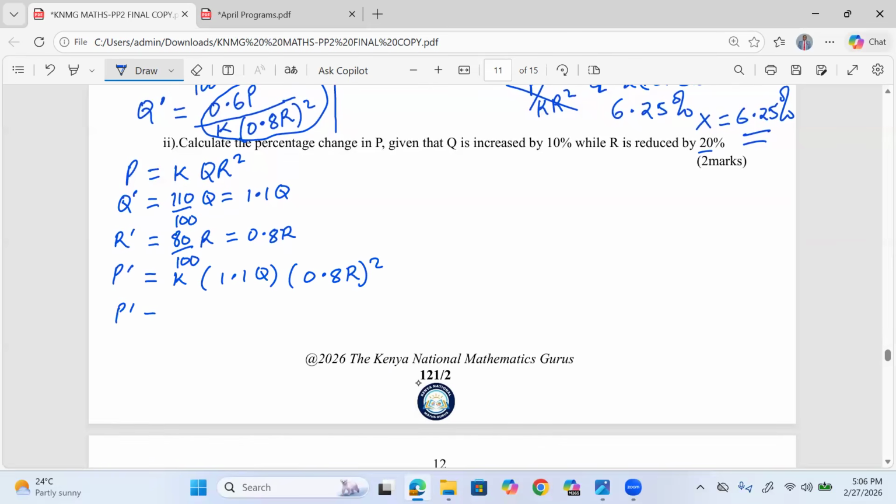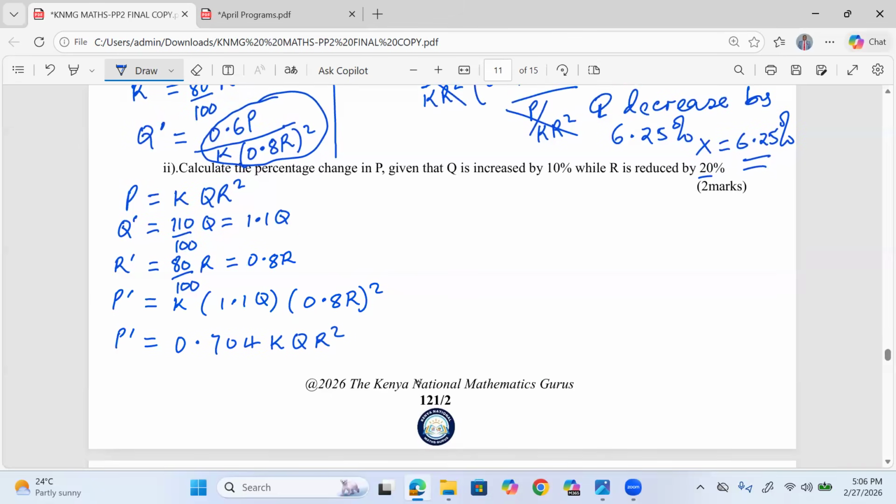The new P is going to be 1.1 times 0.8 squared. This is 0.704, a constant, times Q times R squared.